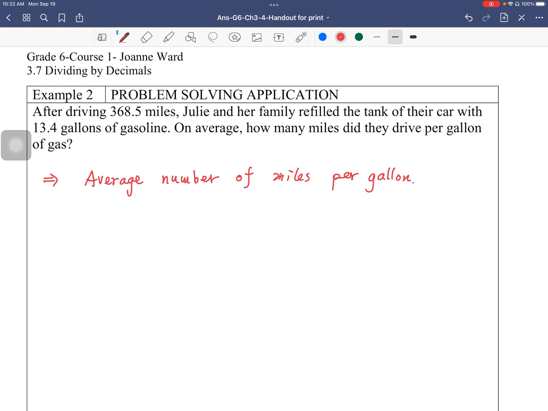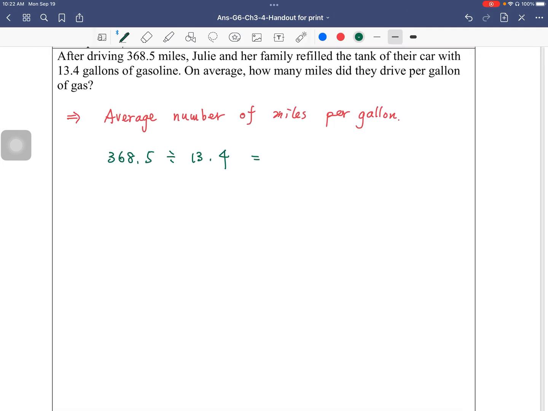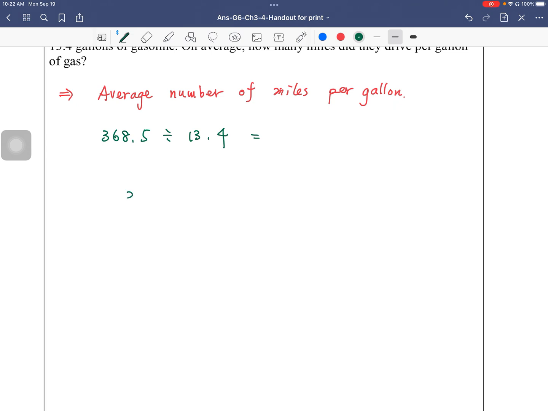Okay, so now how do we do it? We want to do 368.5 divided by 13.4 gallons. So what we do now is 368.5 divided by 13.4.